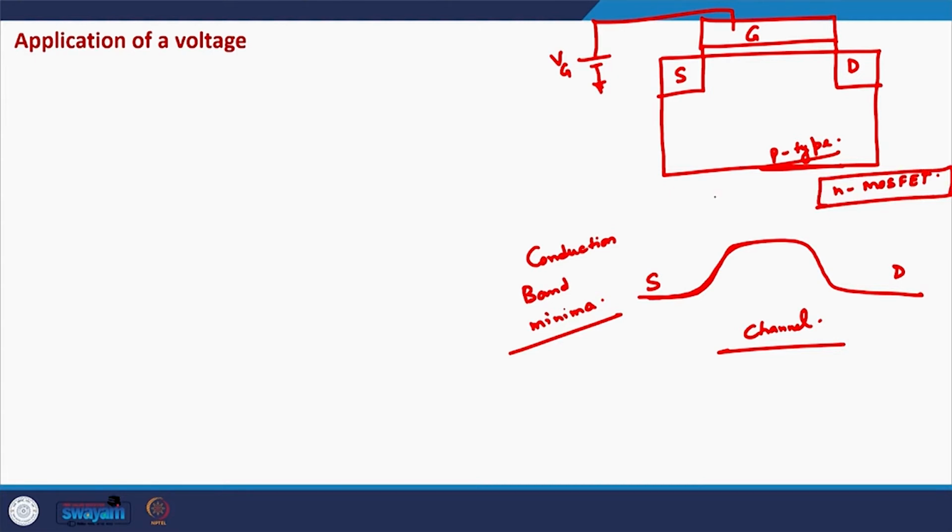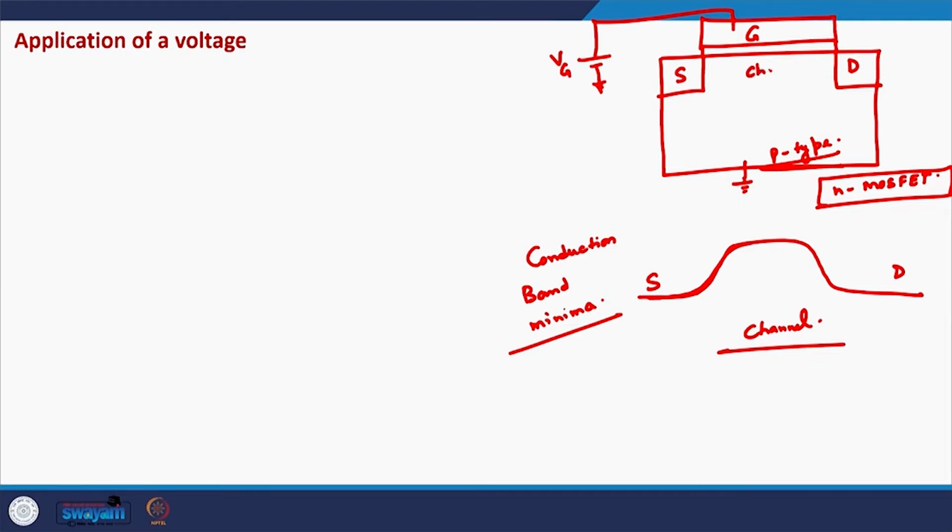Applying a positive gate voltage produces an electric field in the channel, because the body is grounded. So there is a net positive voltage on one side of the device and a negative voltage on the other side.